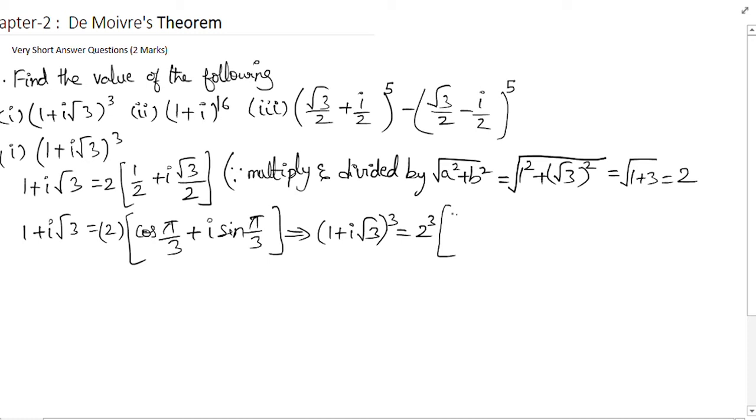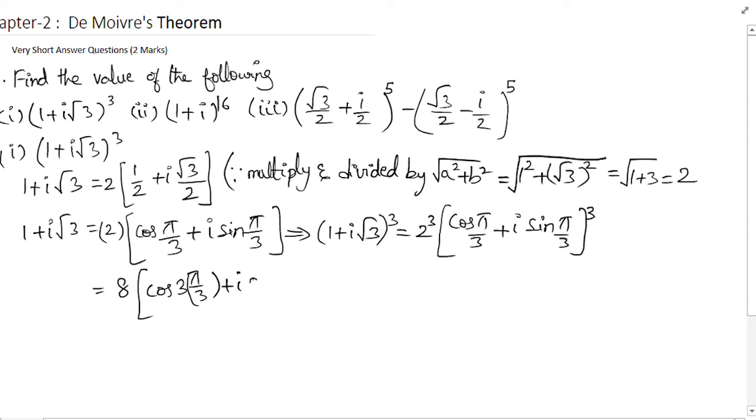which implies that (1 plus i root 3) the whole cube is equal to 2 cube (cos pi by 3 plus i sin pi by 3) the whole cube, which can be written as 8 {cos 3 pi by 3 plus i sin 3 pi by 3}, which is again equal to 8 into (cos pi plus i sin pi).